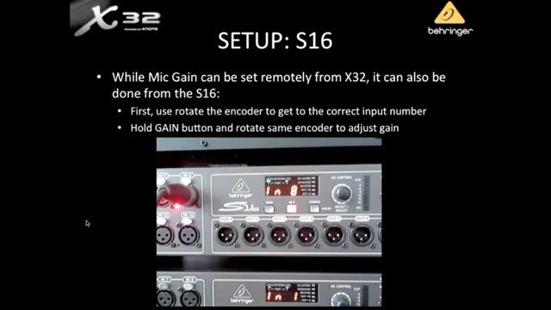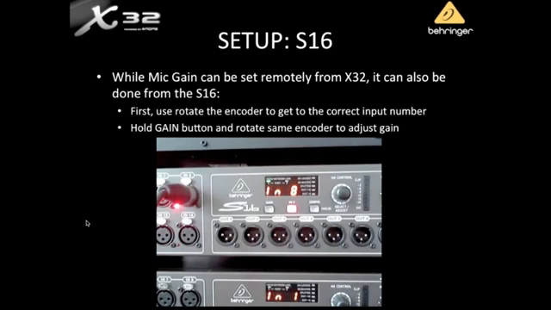You could locate your S16s next to your monitor console, and that would also allow the monitor engineer to adjust gain directly from the box. As long as the front of house engineer and the monitor guy are in communication with some sort of comm system, you could just say, hey, I need to adjust the backup singer's mic pre-up, and you could adjust it right there on the box.